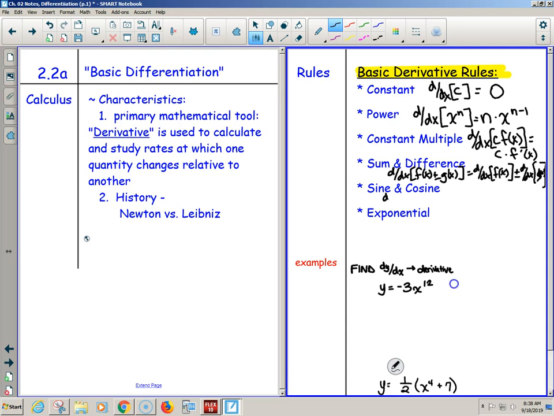Derivative of sine and cosine. Okay, this is interesting. You don't necessarily need to write it down.